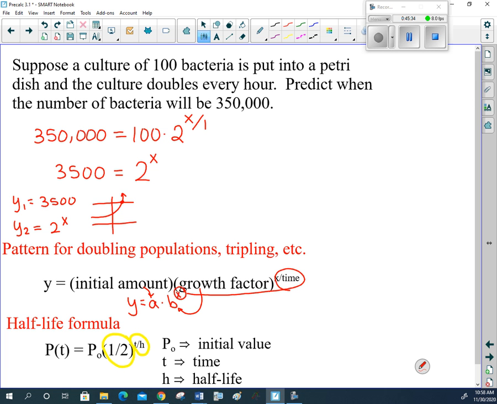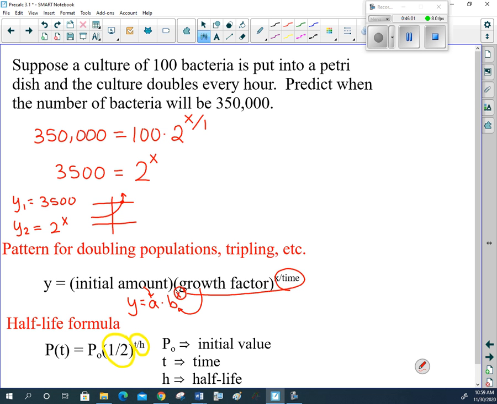Ooh, that's pretty close. That was 3,516. So I'm going to do 2 to the 11.77 and see what that one is. Oh, that one is pretty close. 3,492. So I could go one more decimal place.